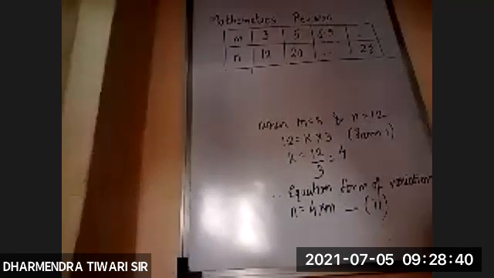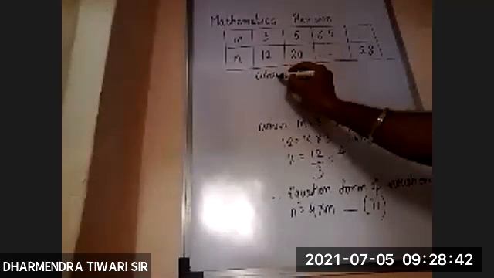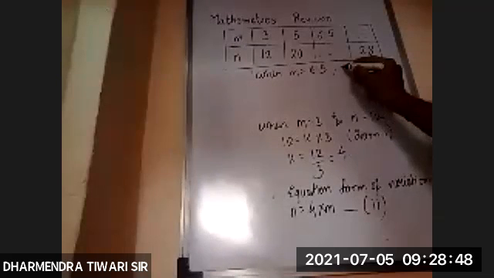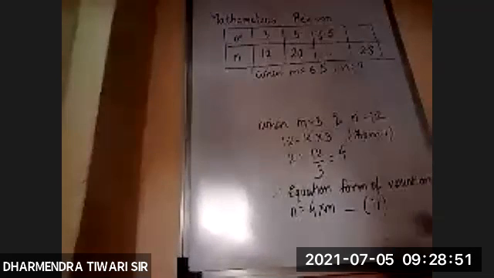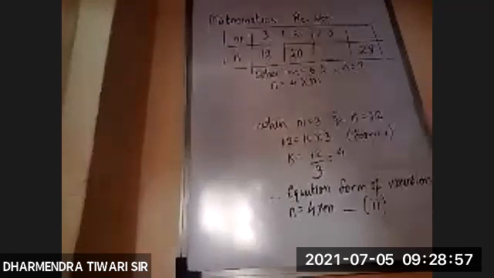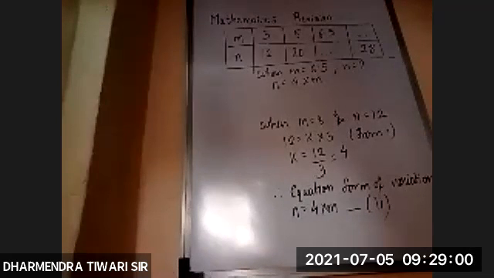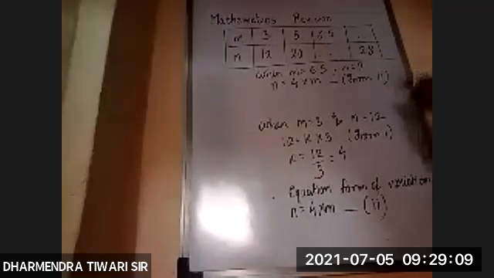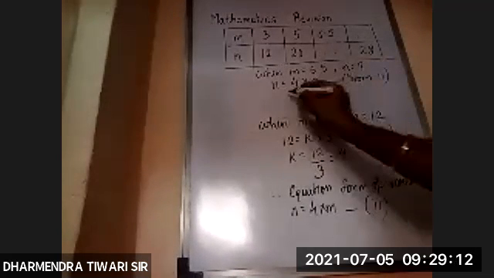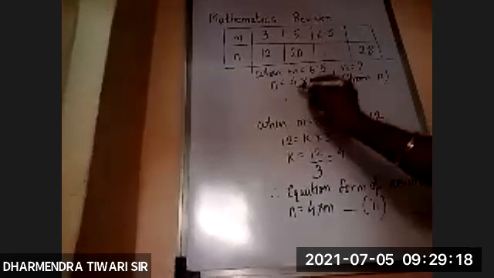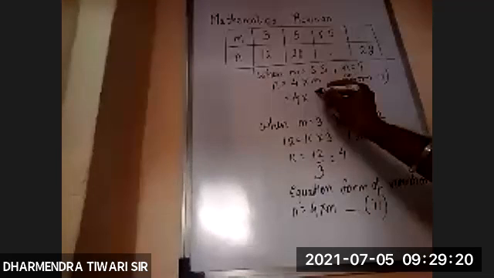Now, when M is equal to 5, get the value of N. So we know that N is equal to 4 into M. So 4 into the value of M, which is 6.5.